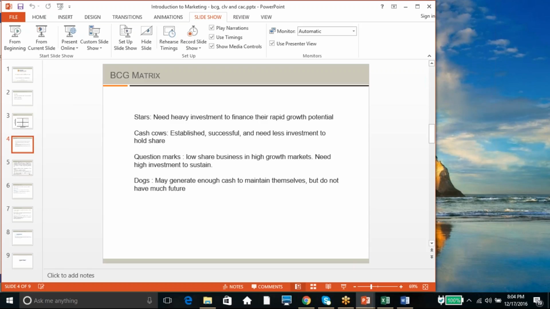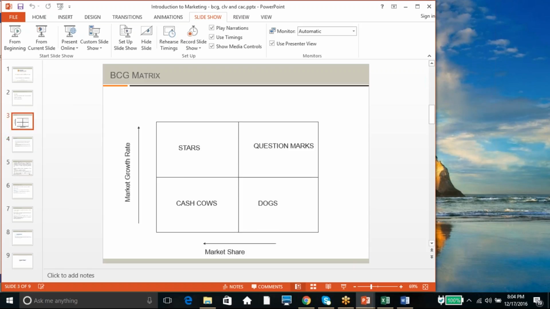As far as dogs are concerned, the dog by nature is a loyal guy, a loyal pet, and they don't need too much of maintenance. That is, a dog will survive on the means provided. That's why the word dog has been given.